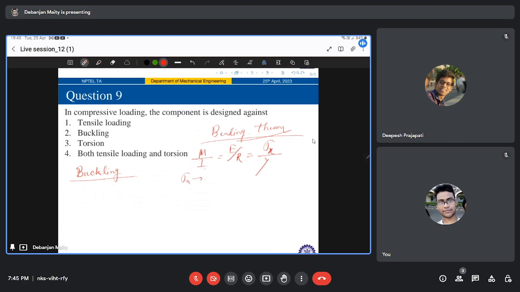This is your bending stress at some perpendicular distance y from the neutral plane, you remember that, right?